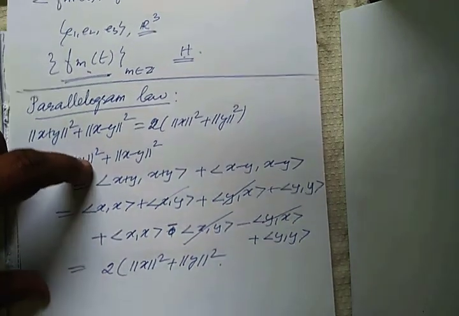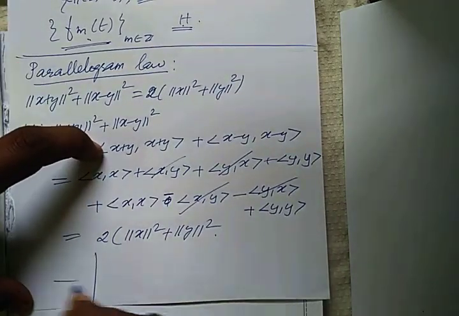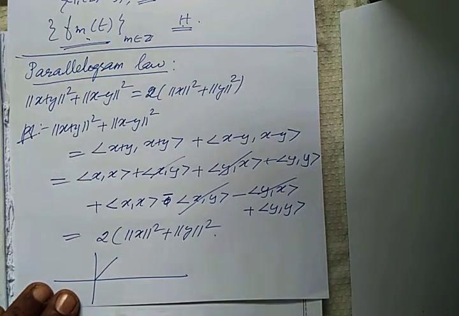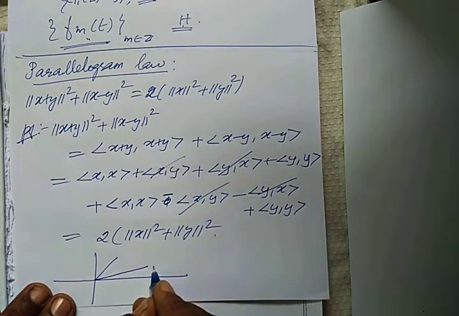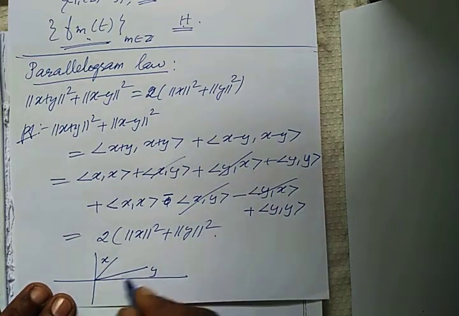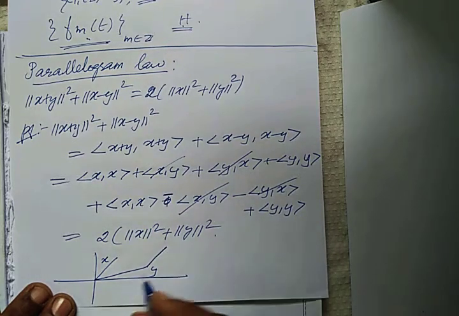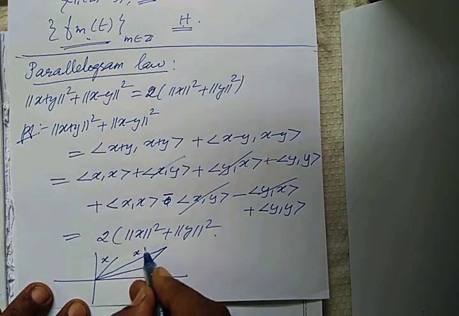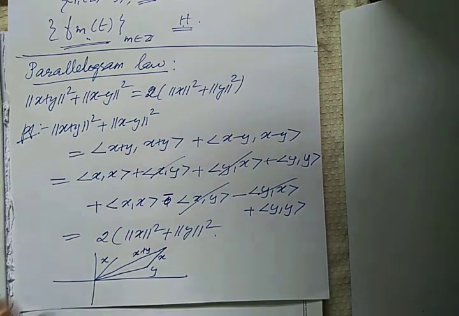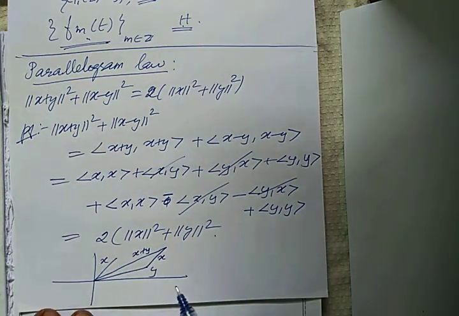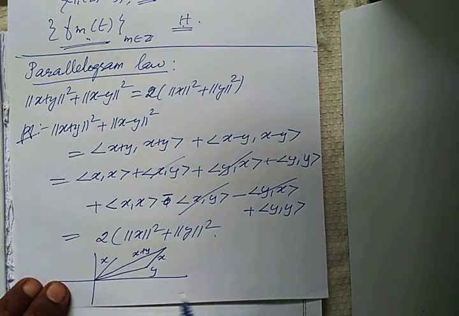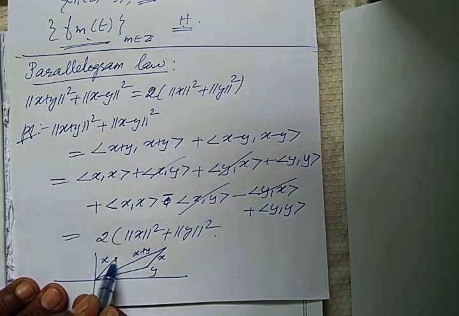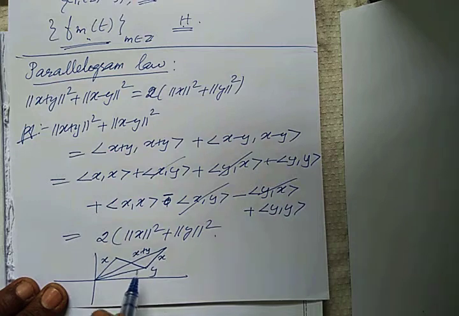Why is this called the parallelogram law? See here, suppose this is an x vector, this is some y vector, and this is also an x vector. And what is this one? This is x plus y. And this is x minus y vector.